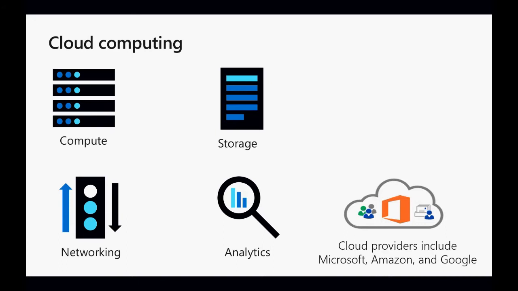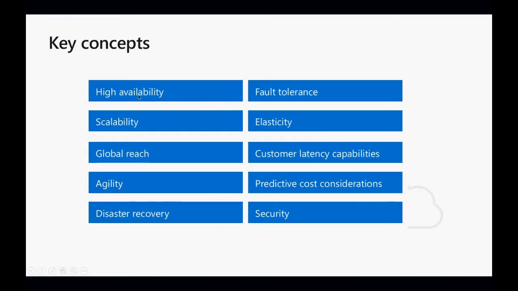So one of the key things when it comes to cloud computing, these are very, very key concepts which we all need to do our best to remember, if not research them a bit more. So there's something called high availability.